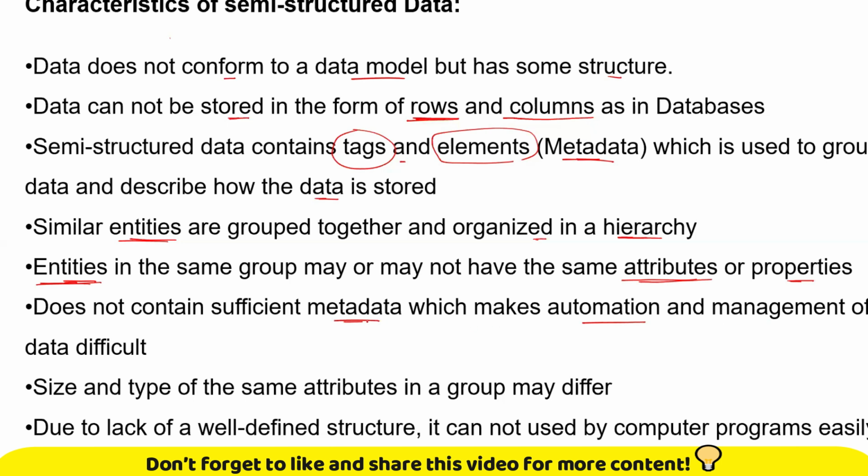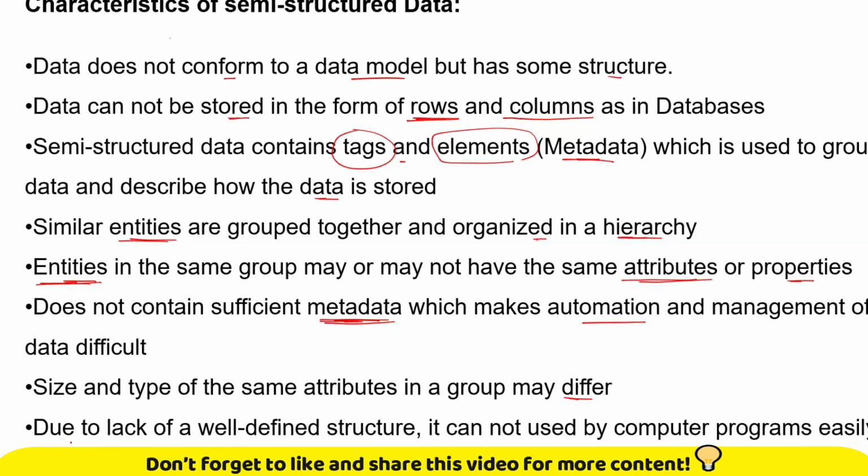Because it does not always have metadata that is maintained or can be used for automation of the data, this is one of the difficulties here. The size and type of the same attributes in a group may differ.